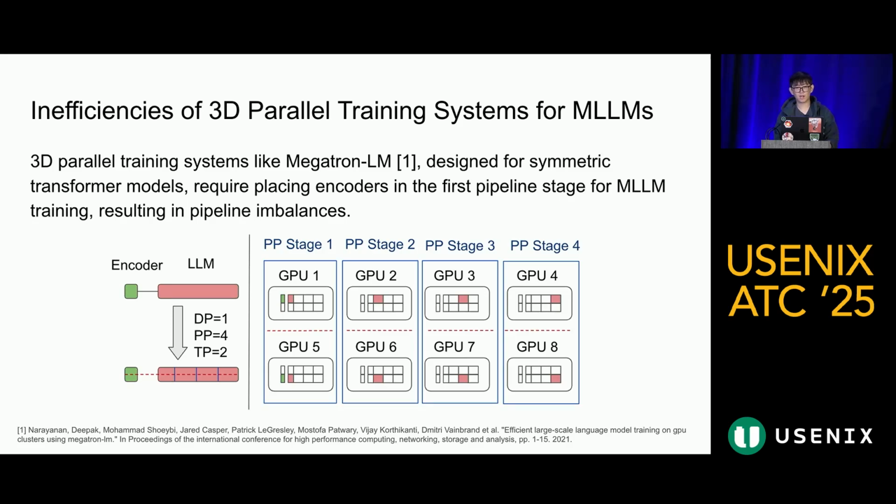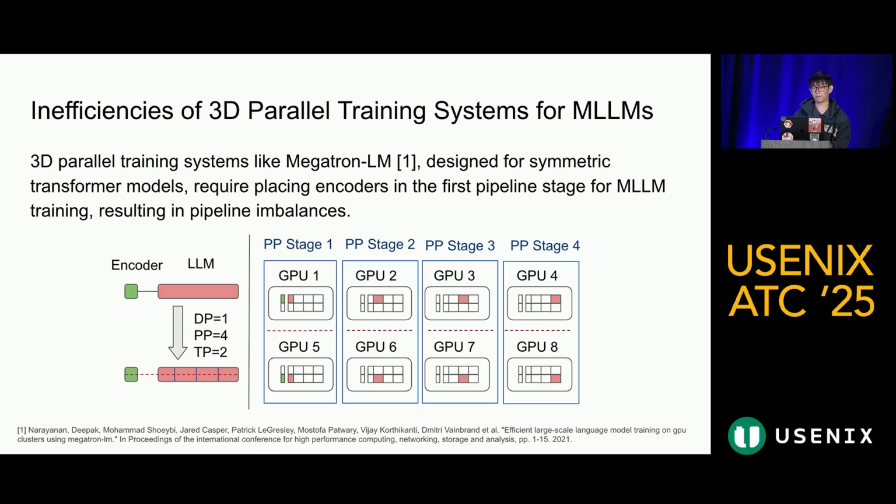Looking at the current 3D parallel training systems for multimodal large language models, we think that they are not very efficient. The key reason is that 3D parallel training was originally designed for symmetric transformer models. For example, they are used to train the large language model itself because it is a homogeneous model architecture, so each pipeline stage is balanced and it does a good job.